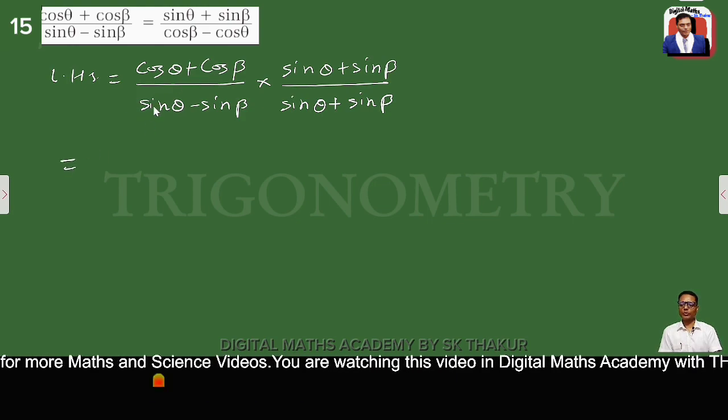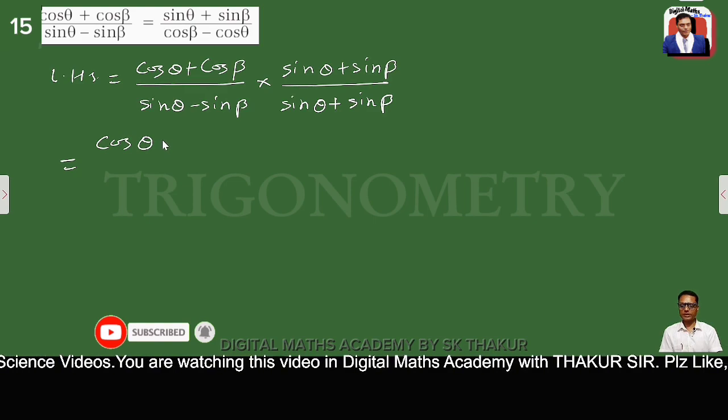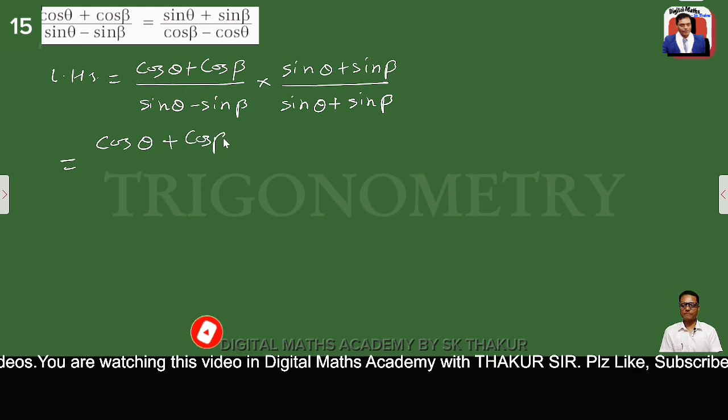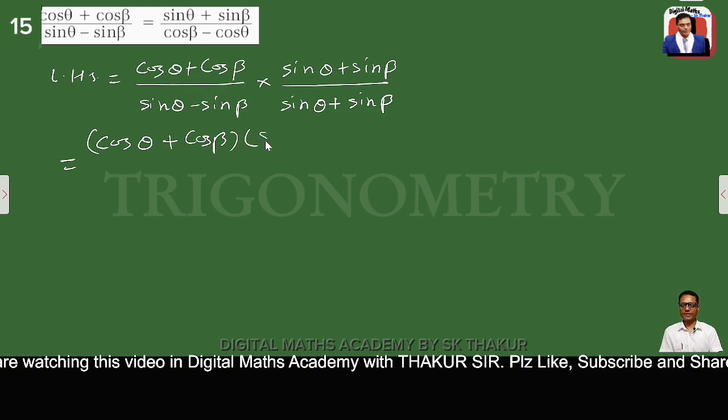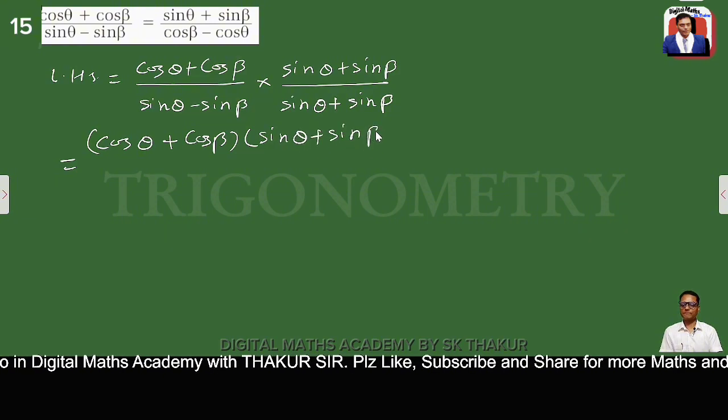Now we are not going to make any change at the numerator, so we write cosθ + cosβ, and here also sinθ + sinβ.